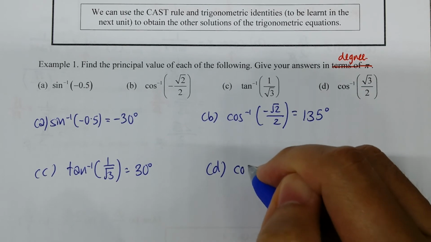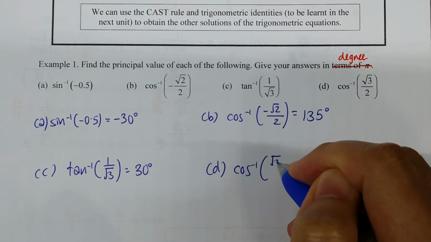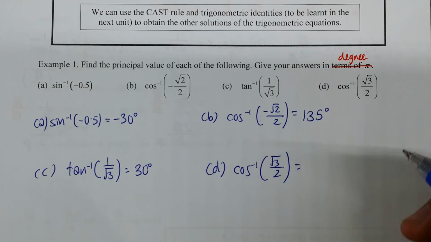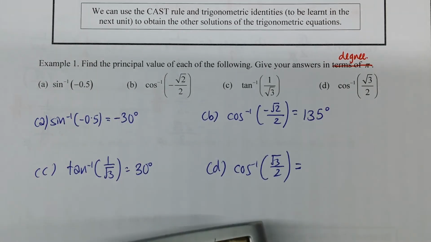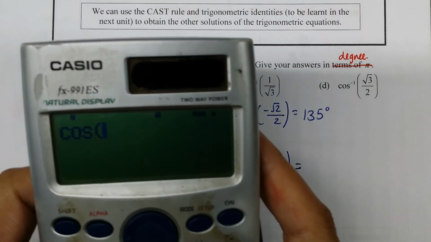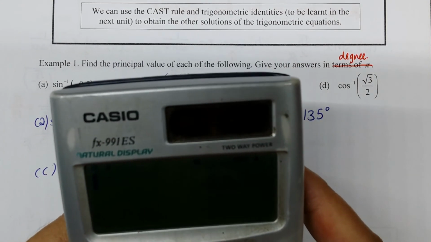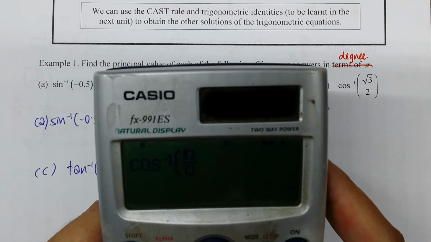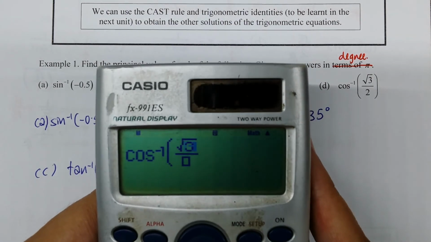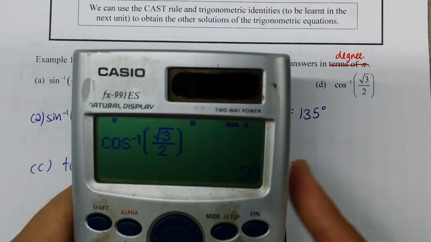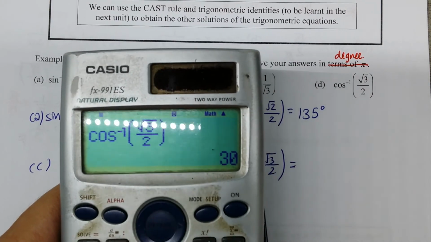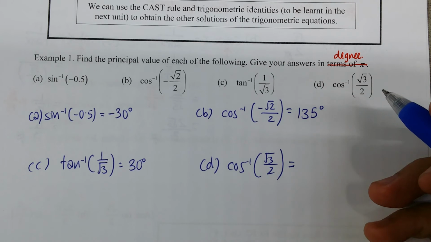Last but not least, cosine inverse square root 3 over 2 equals 30 degrees as well.